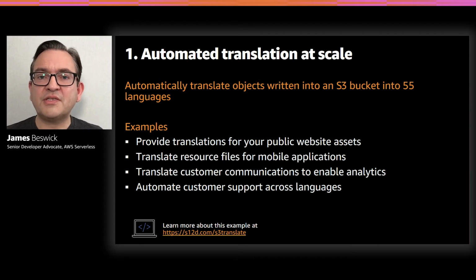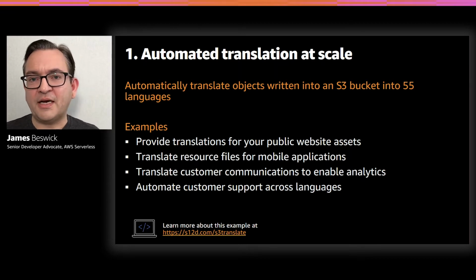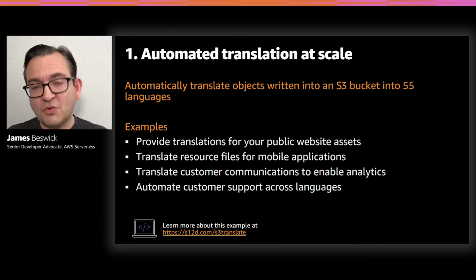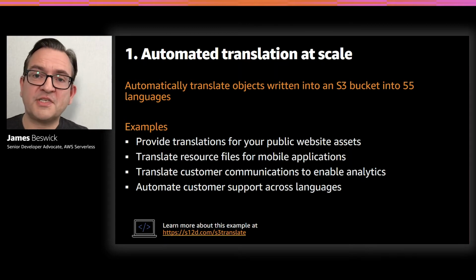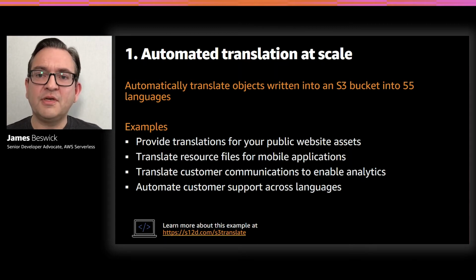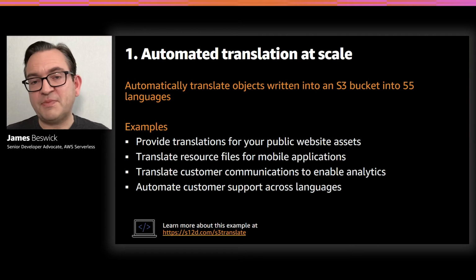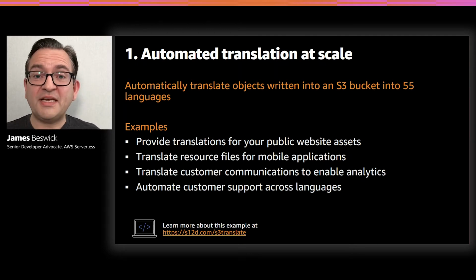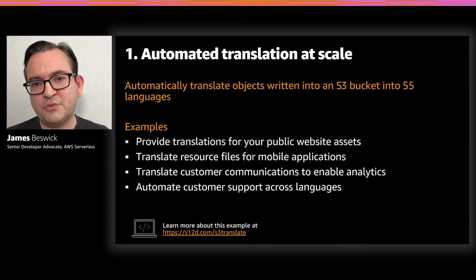You could translate resource files for mobile phone applications, since many users have different language settings on their phones. Or you could translate customer communications to enable analytics to help translate feedback in multiple languages back to one language. Or automate customer support across languages if your customers are based in multiple countries or they speak different languages. Really, there are just many great use cases for this example.